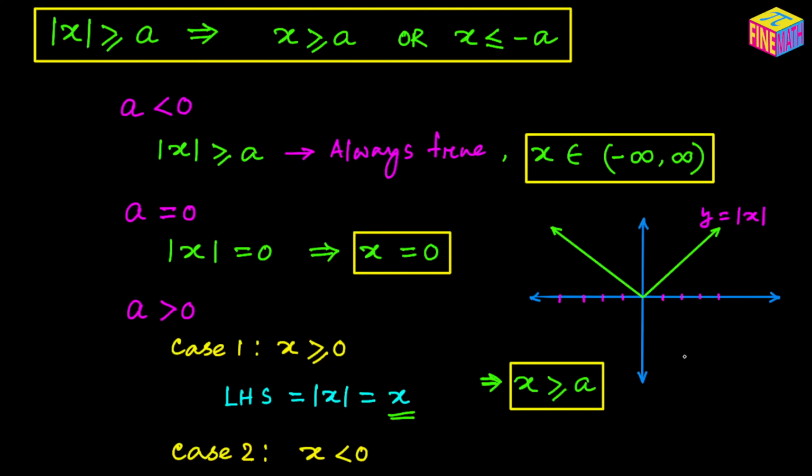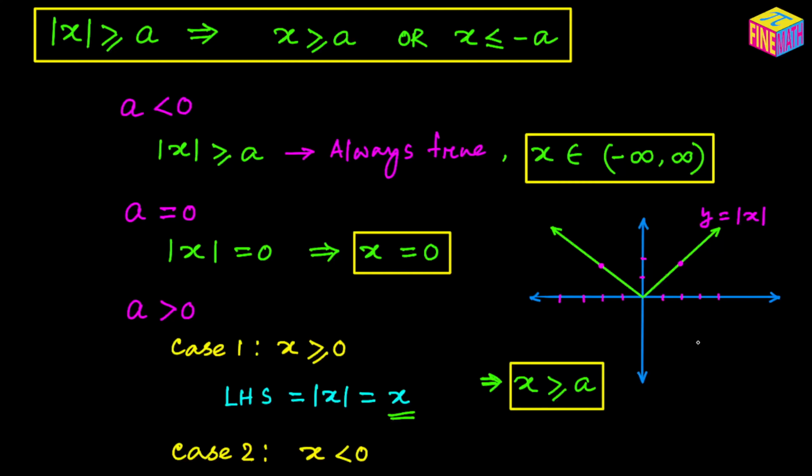So if somebody says that modulus of x must be greater than or equal to 2, so you can see that we can take the point 2 on the graph, which would be kind of like here. So let's assume that this is the point 2, and here on this side also, at a similar location, there will be point 2 right there.